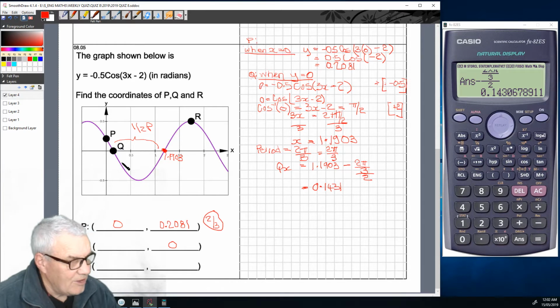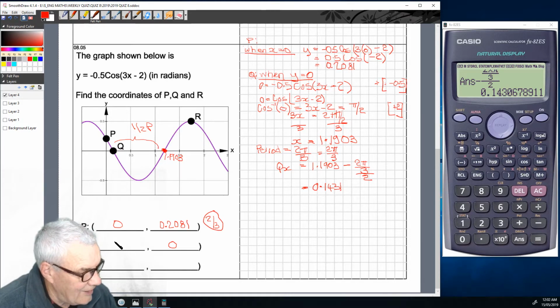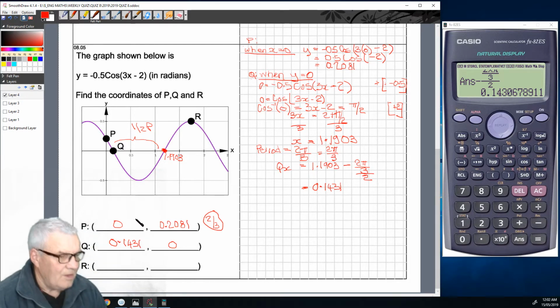Checking on the graph you can see that that's a much better result. Fortunately we were given an accurate graph there.